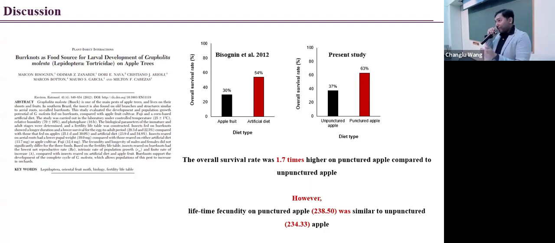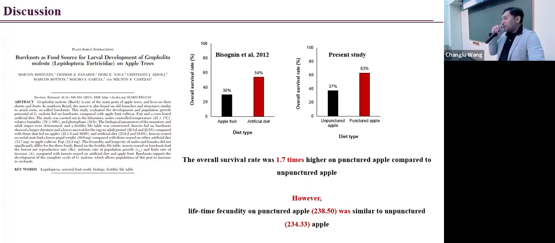But that did not happen. They need only 12 days, or approximately 2 weeks maximum. They can easily go through the fruit and they can easily come out from the fruit. So using the apple fruit works very well.